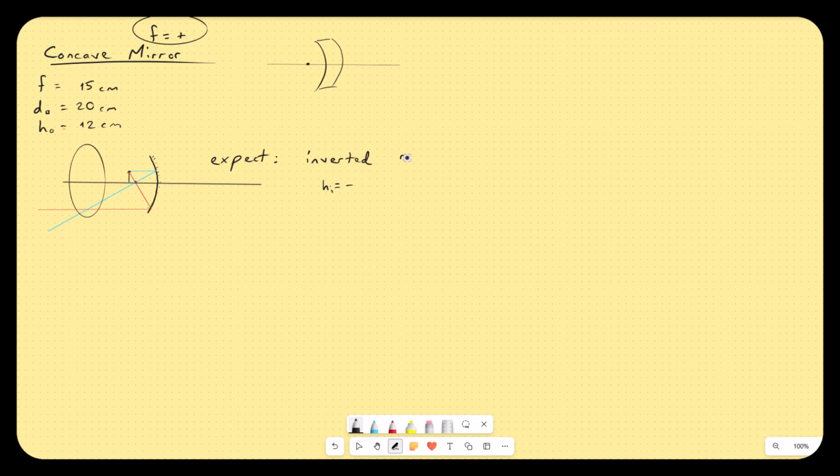I expect real, meaning DI is positive, and I expect enlarged, meaning magnitude M is bigger than 1. That's what I get from my quick version of ray tracing.